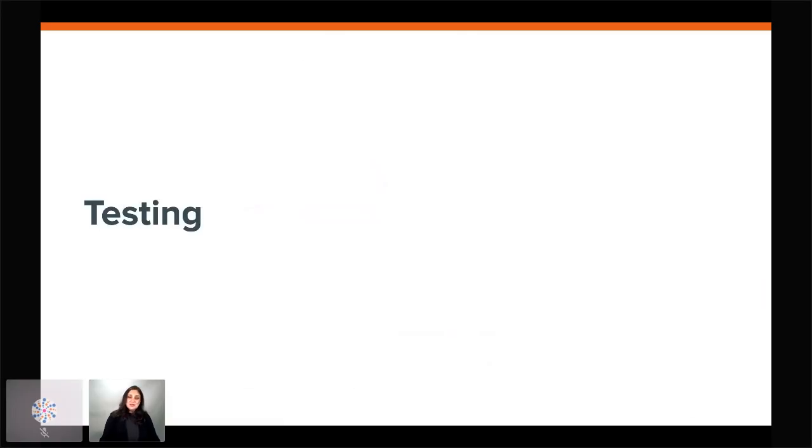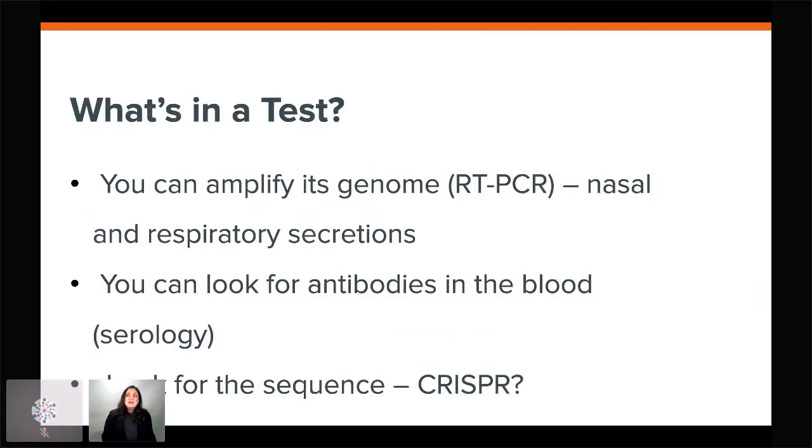And one thing that a lot of people don't know is, how do I even test for coronavirus? Remember, the virus is basically a ball of protein that surrounds RNA, okay? It's a nucleic acid.